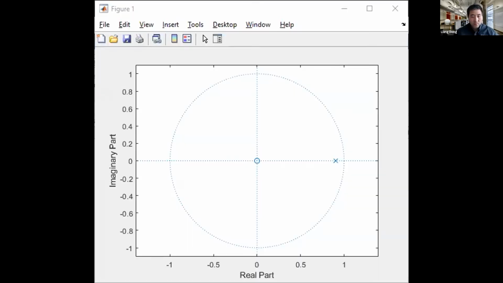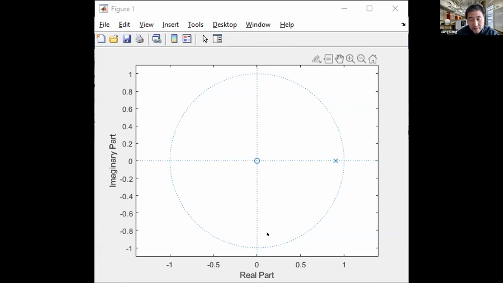Okay, so this is when I type in zplane B comma A. I give the coefficients of those 2 polynomials, and it will show me something here. In this case, I'm just using a 0 at the origin and a pole at 0.9. So you can plot this out.